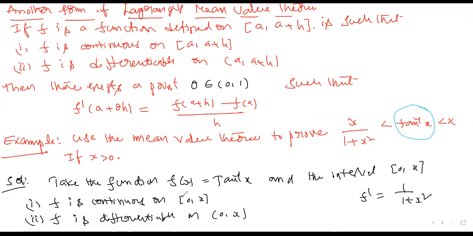Therefore, condition 1: f is continuous on the closed interval 0 comma x, and condition 2: f is differentiable on the open interval 0 comma x. If these two conditions are satisfied, according to the above expression of Lagrange's mean value theorem, there exists theta belongs to 0 comma 1 such that f dash of a plus theta h equals f of a plus h minus f of a by h. So now we can use this.